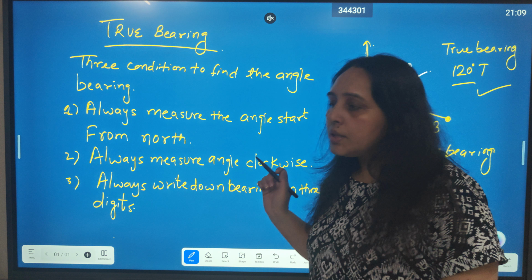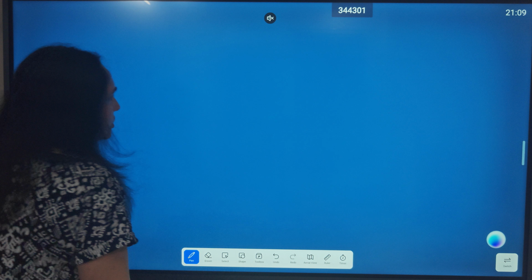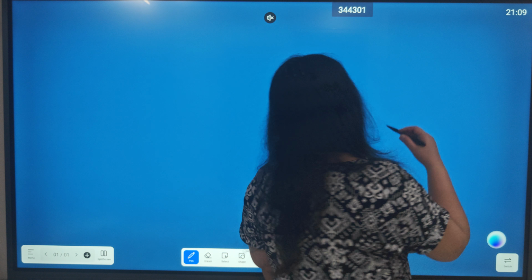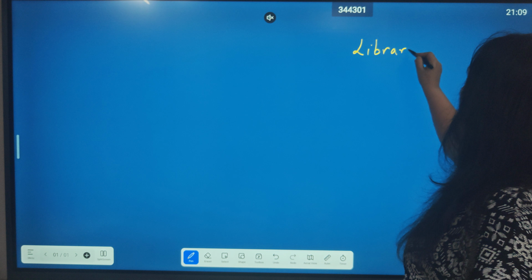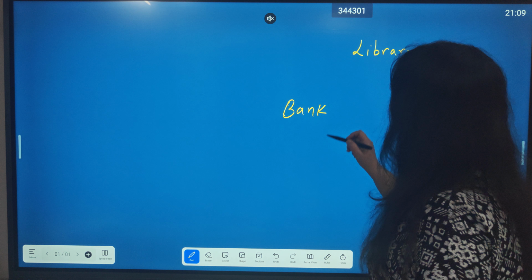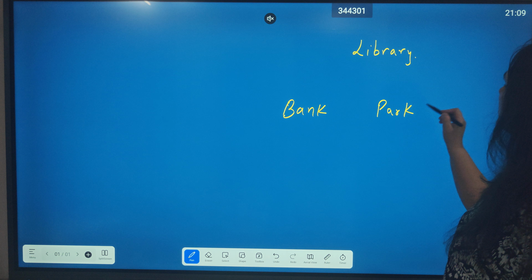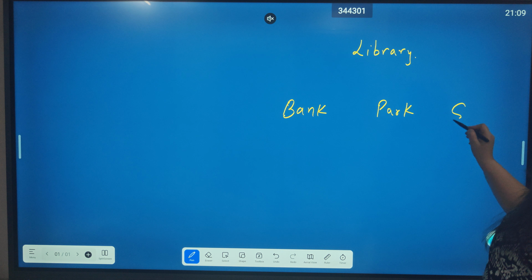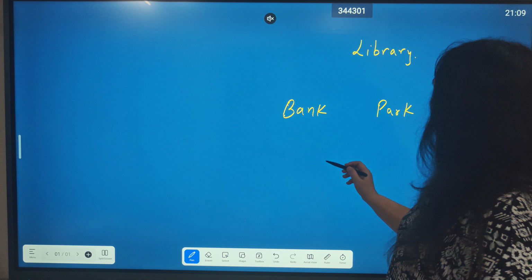Is it clear? In this type, we will take some more examples. Suppose there are some places. This is the library, right? And this is a bank, and this is a park, suppose, and this is a school, okay, and this is a pool.